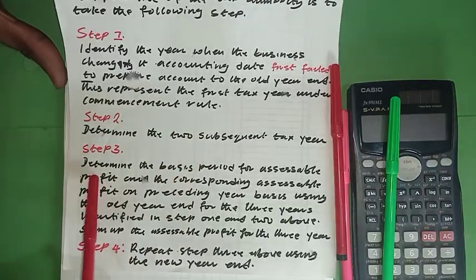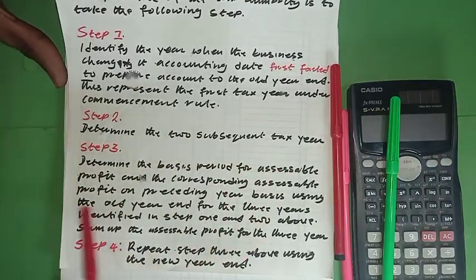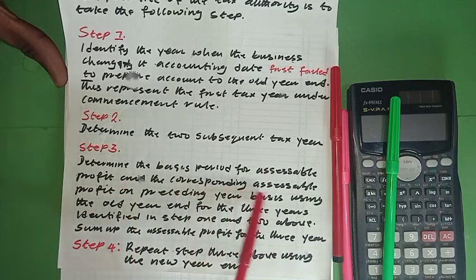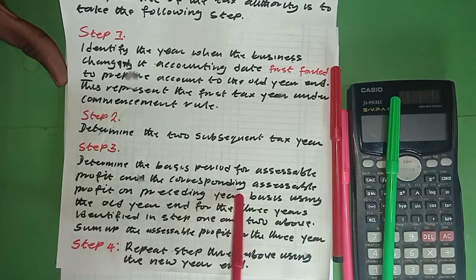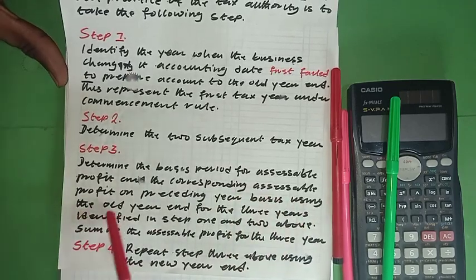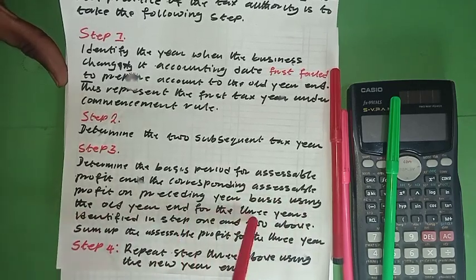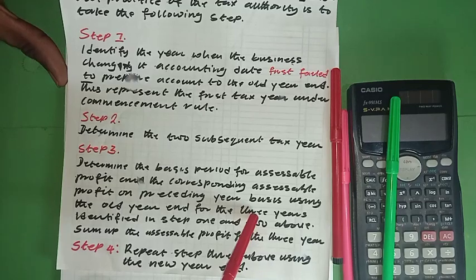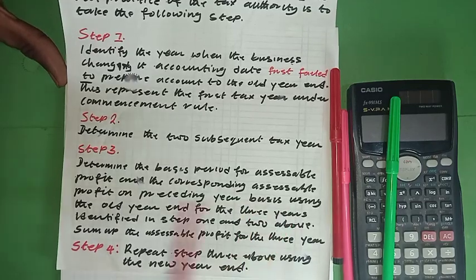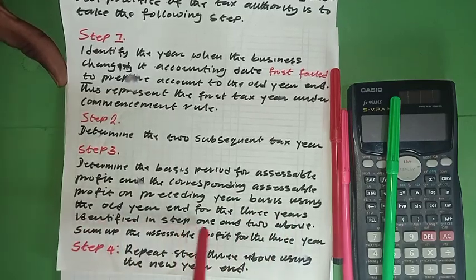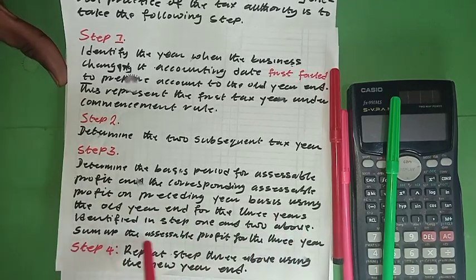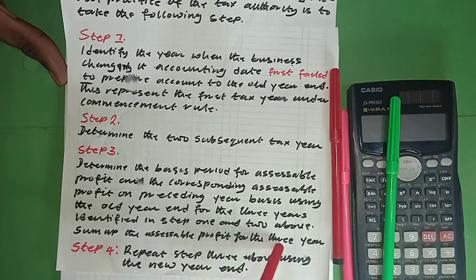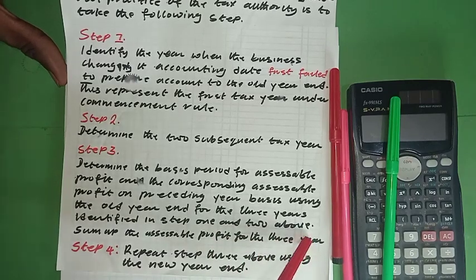The third step says determine the basis period for assessable profit and the corresponding assessable profit on preceding year basis using the old year end and the three years identified in steps one and two above. Sum up the assessable profit for the three years.